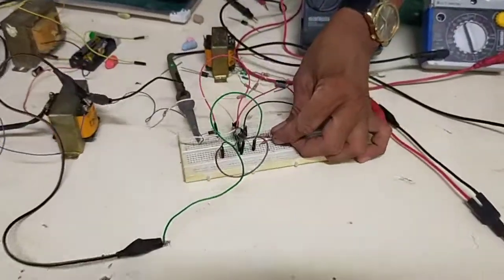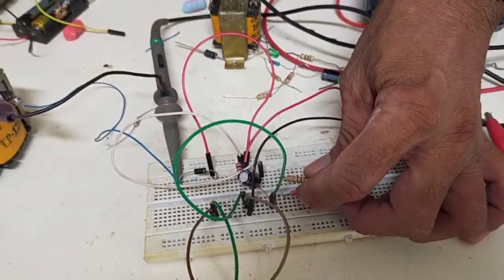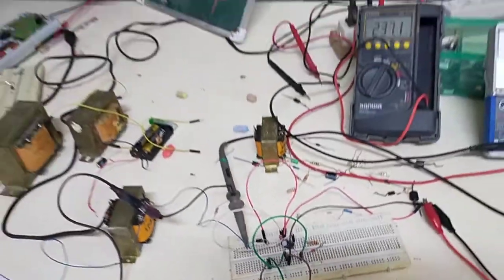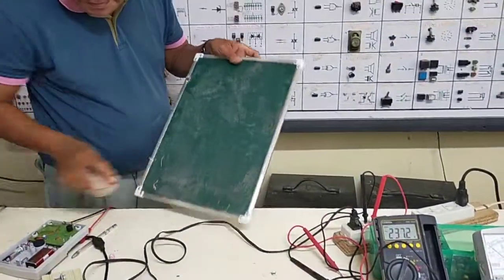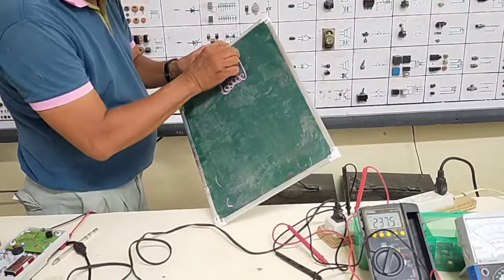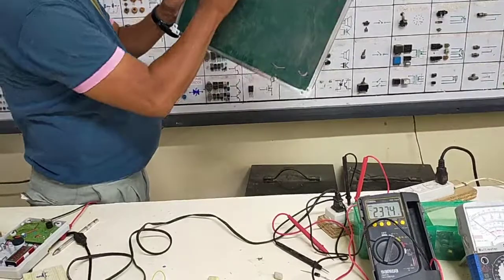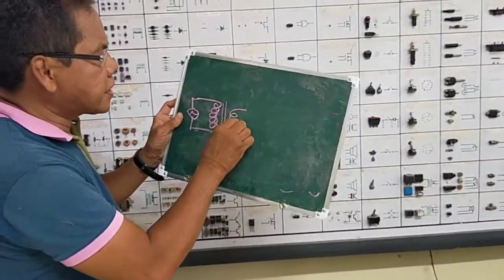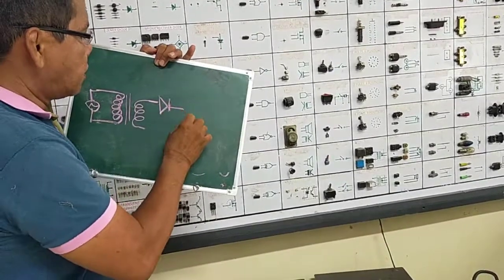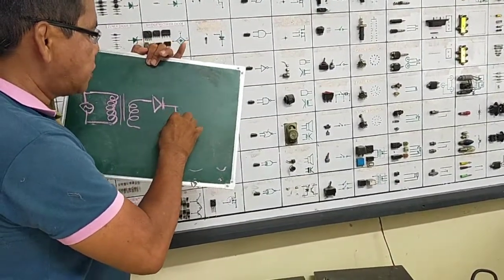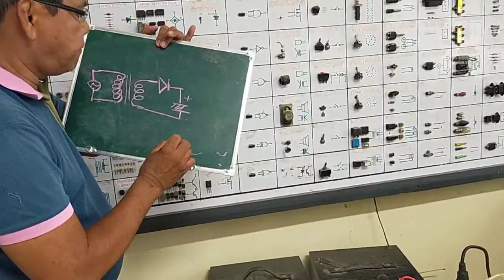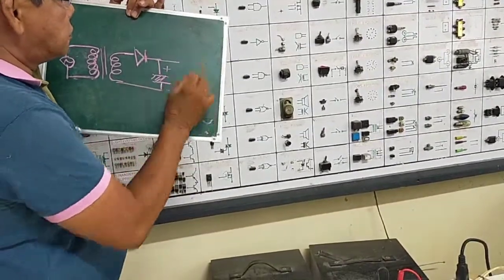So, we have here a Zener diode connected in series with a resistor. We have here a circuit with an AC source, then the secondary, we have here the diode connected with a capacitor, 330 microfarad with a working voltage of 25 volts.